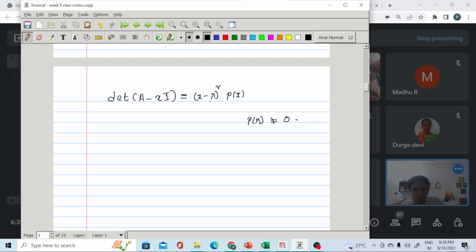Now consider B. Our question is whether 0 is an eigenvalue of algebraic multiplicity r for A minus lambda I. So I am taking B as A minus lambda I, and considering the characteristic polynomial, determinant of B minus xI.